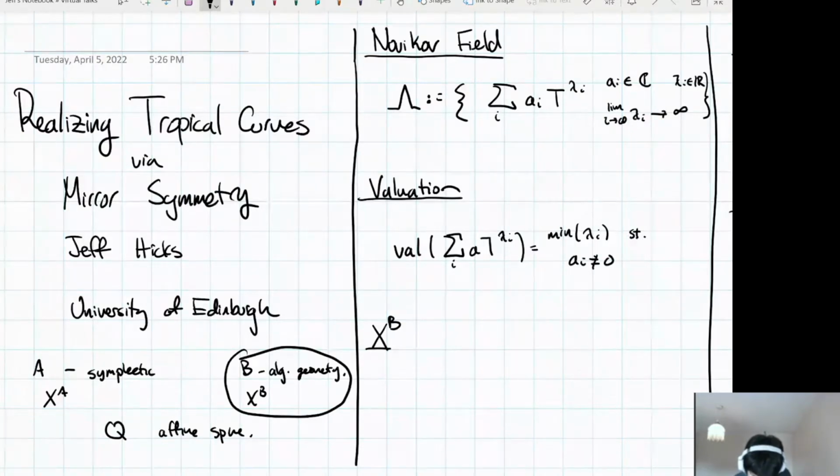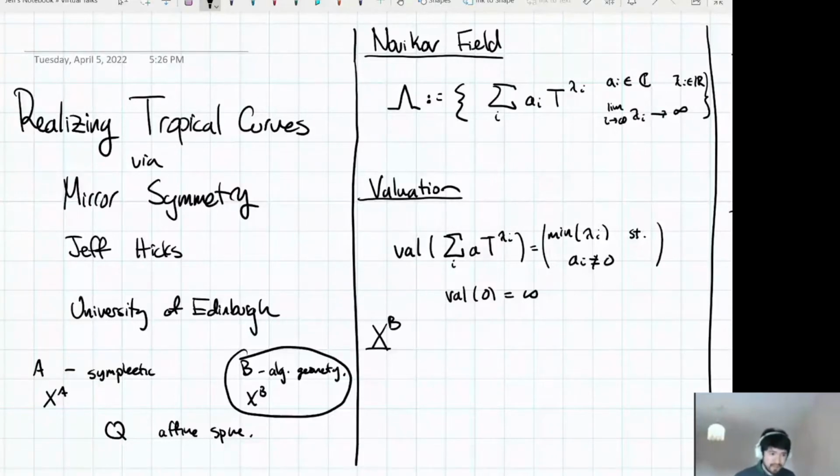And if no such thing exists, then we'll say that the valuation of 0 is infinity. So this valuation takes values in R union infinity, and it tells me the smallest non-vanishing exponent which occurs in this expansion.